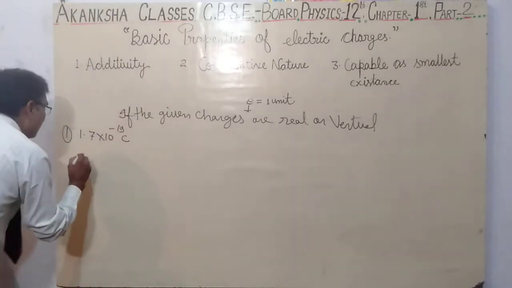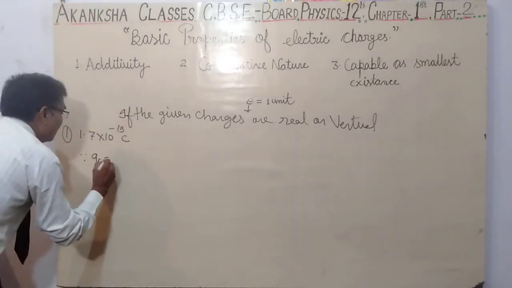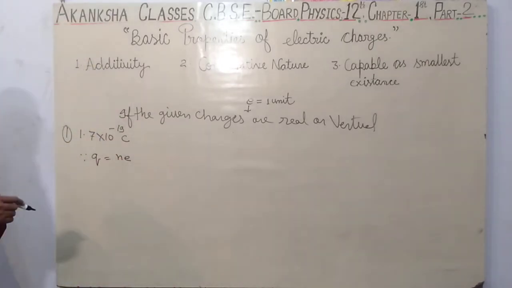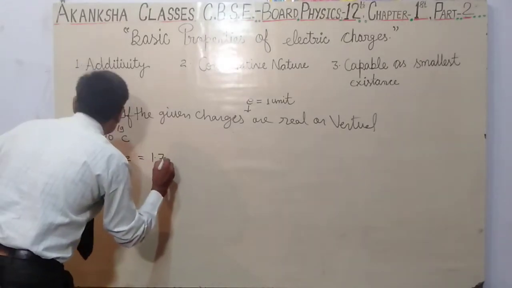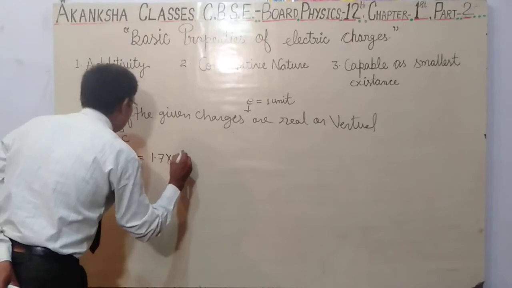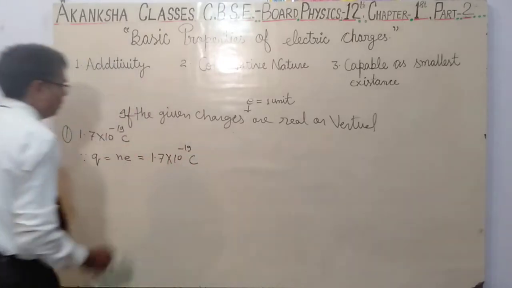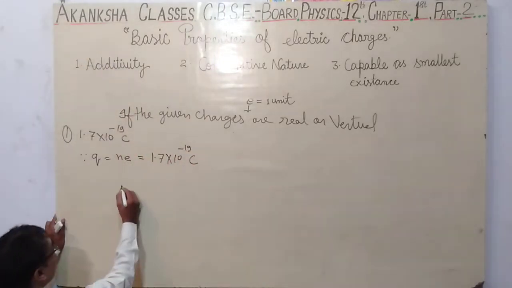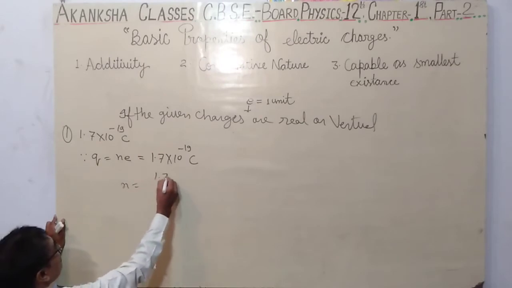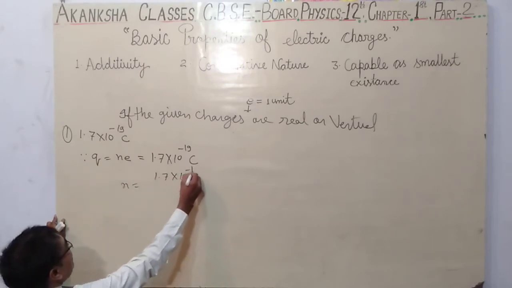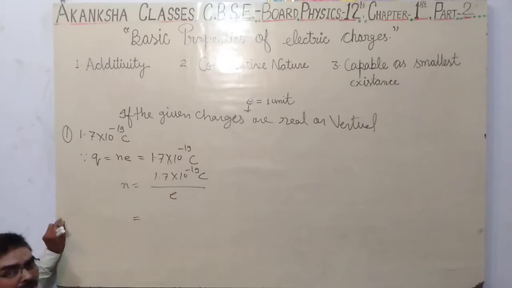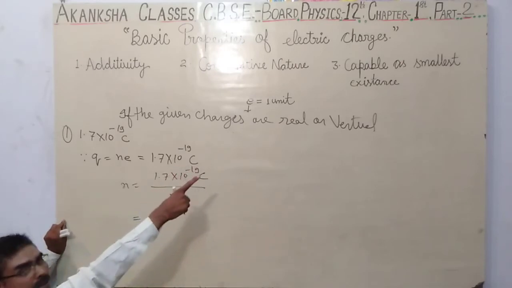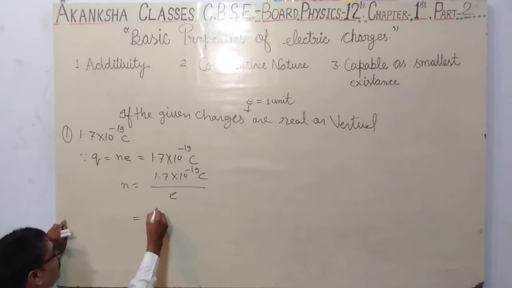As we know, Q equals N E equals 1.7 into 10 power minus 19 coulomb. Here N equals 1.7 into 10 power minus 19 coulomb by E. You know very well, E equals 1.6 into 10 power minus 19 coulomb.